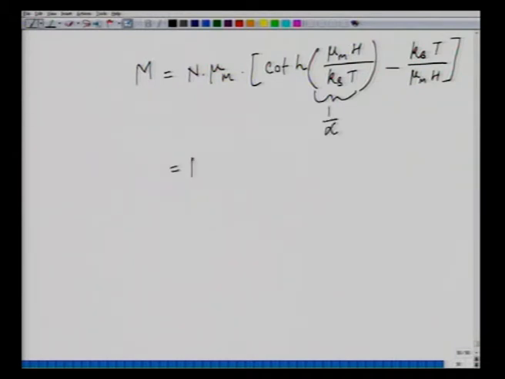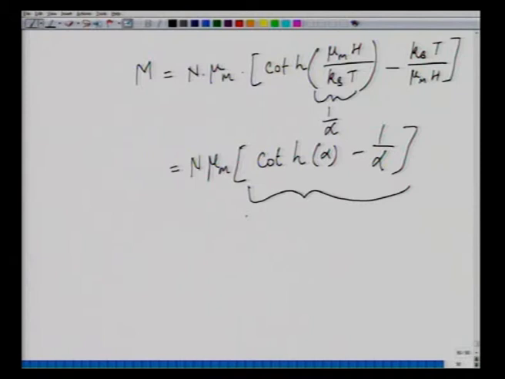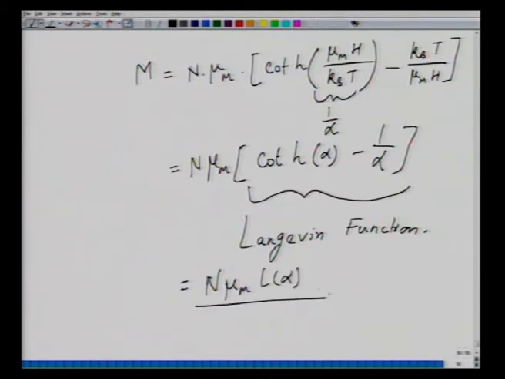So this becomes n mu m times coth alpha minus 1 divided by alpha, and this is nothing but your Langevin function, given as n mu m L alpha. So essentially the solution goes in a similar manner as in the dielectric materials.